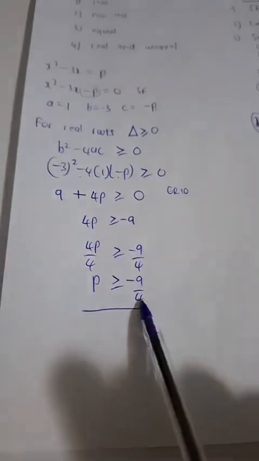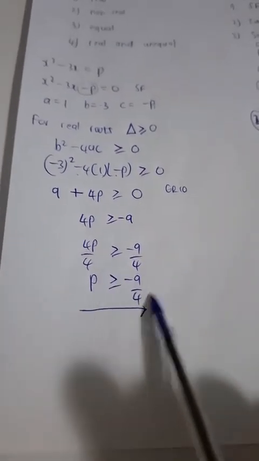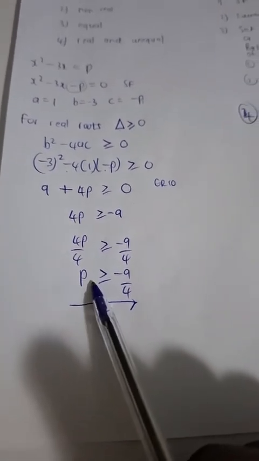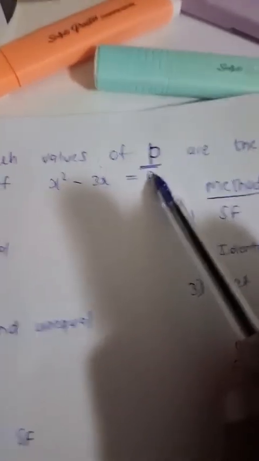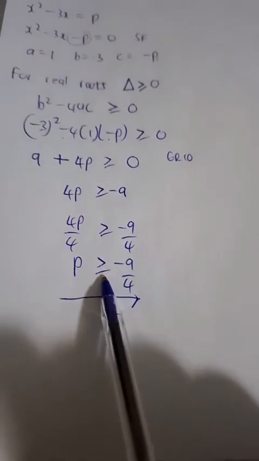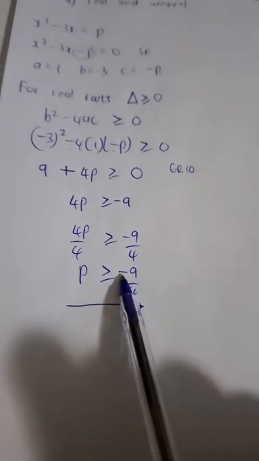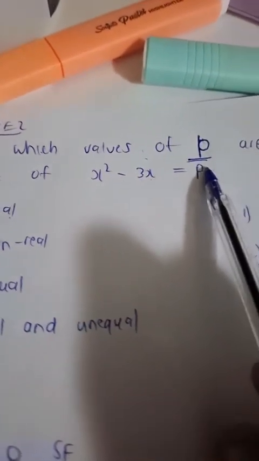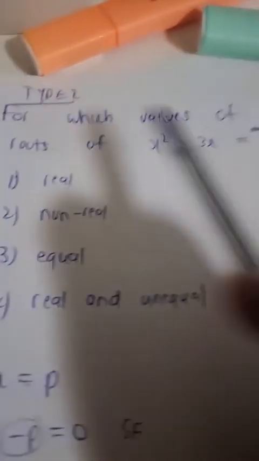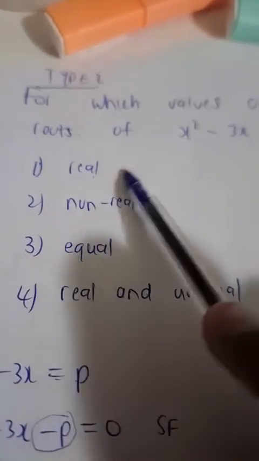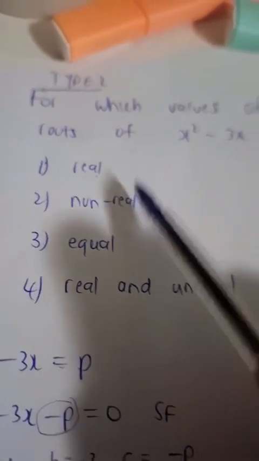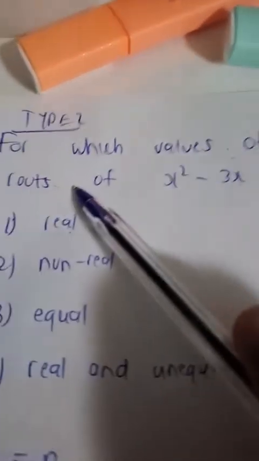With this linear inequality, we were able to discover that if p is equal to negative 9 over 4, or a value that is more than negative 9 over 4, it will ensure that when we determine the nature of roots, the roots are real.